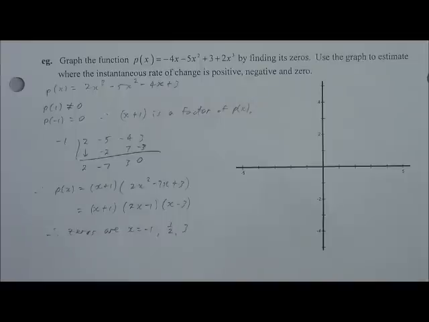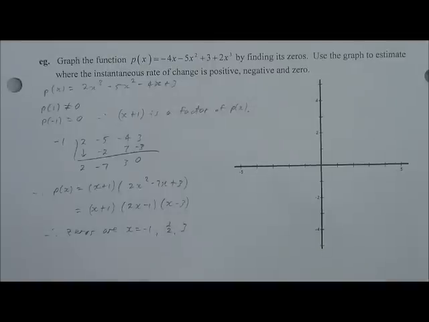Okay, so what I'd like you to do is plot these zeros and then sketch a curve and check back to see if your graph matches mine. Okay, take a few seconds to do that, please.